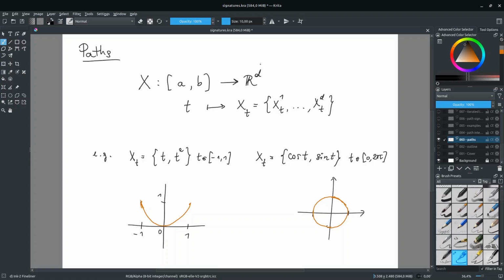Most of the examples here are functions that are continuous or absolutely continuous, which you might think of as almost everywhere differentiable. In principle, this can be extended to weaker classes of functions, such as those we find in stochastic analysis.